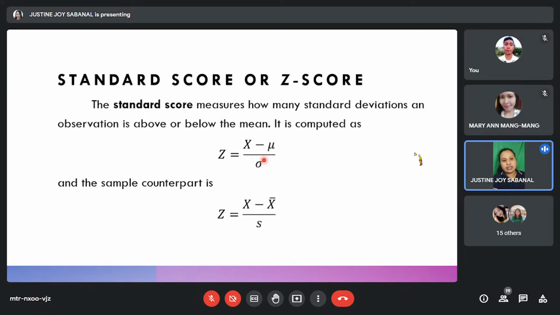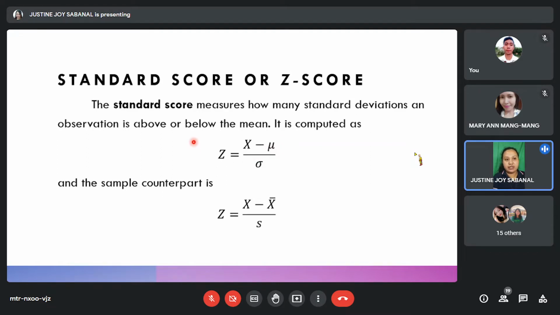So, lahat ng nagte-take ng stat ngayon, tinuos kung ano yung mga score, kinompute yung average at saka standard deviation, yun yung magiging basis. So, titingnan kung yung score ba ni Jenny ay above doon sa mean grade ng buong klase na nag-take ng stat o below sa doon sa grade nung kabuuan ng klase.